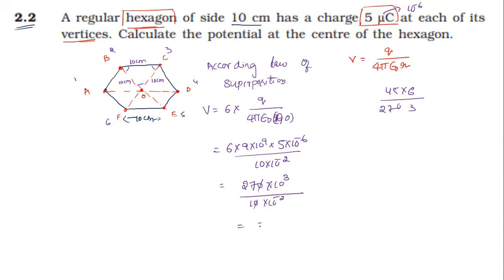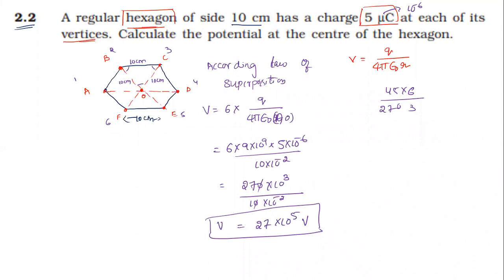This 0 is going to cancel. It will be 27 into 10 power 5. What is the unit? Volt. That is the answer. The potential at the center of the hexagon is 27 into 10 power 5 volt.